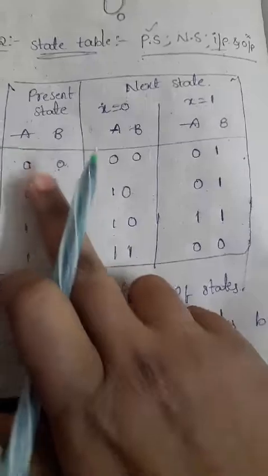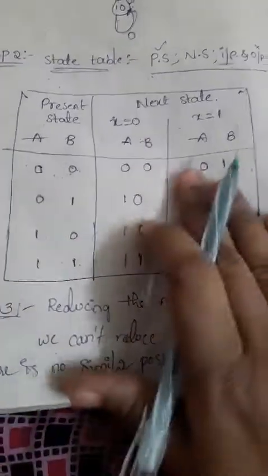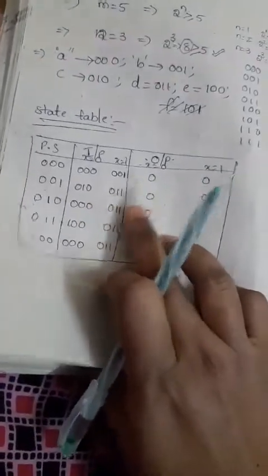But just observe here, every state is already binary, there are no alphabet letters. For example, if the state table is like A, B, C, D, E, with the present state and input having only alphabet letters, then only you consider the state assignment method. If the state table consists of alphabet letters, then you can consider the state assignment method.